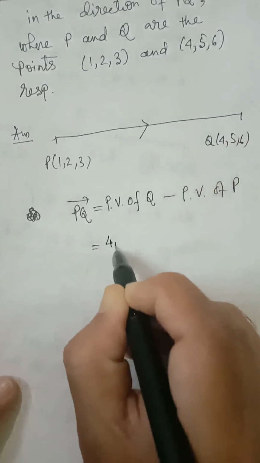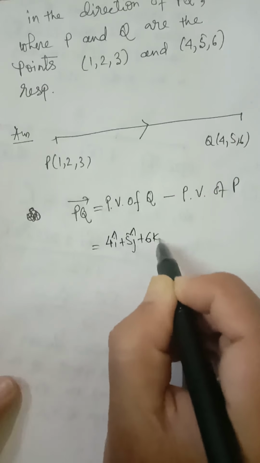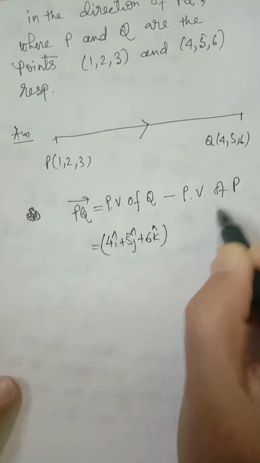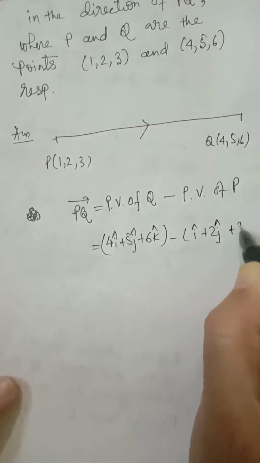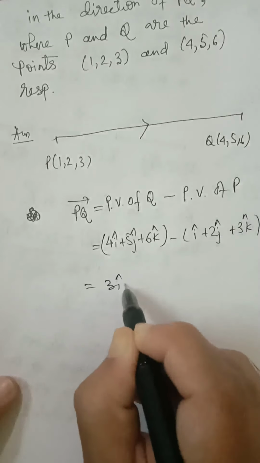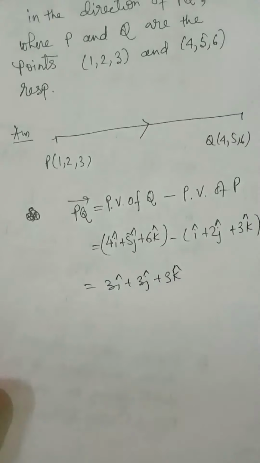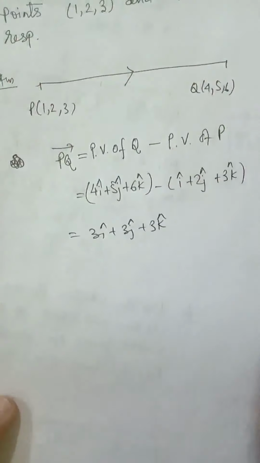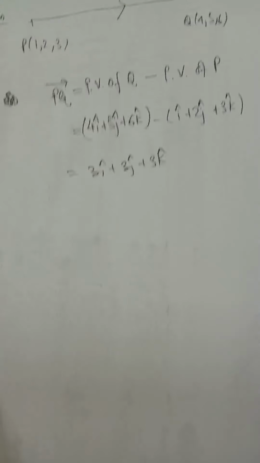Its position vector will be 4i plus 5j plus 6k. And position vector of P will be i plus 2j plus 3k. So this will be 3i plus 3j plus 3k. This is PQ vector, but we have to find unit vector in the direction of PQ vector.